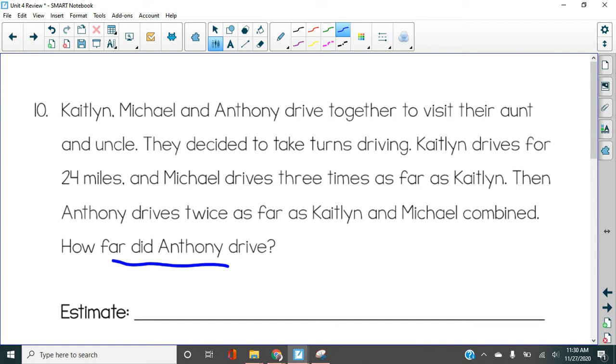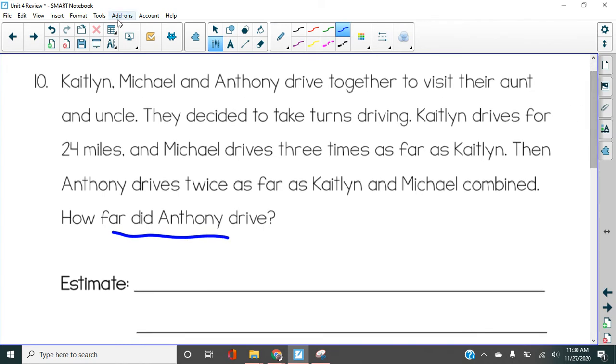Yeah, the key part with any type of word problem like this is to find a starting point. And we're going to be estimating. So if we know that Caitlin drove for 24 miles and Michael drove 3 times as far as Caitlin, we could estimate that 24. I'm going to make it 25 because 25s will be easy to deal with. I could have done it 20. And Michael drives 3 times as far as Caitlin.